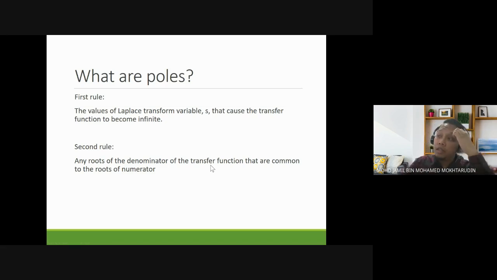Let's say our transfer function, T(s), is numerator divided by denominator. So poles are the value of s when the denominator equals 0. Let's look at an example.